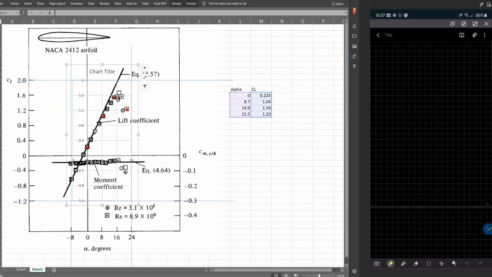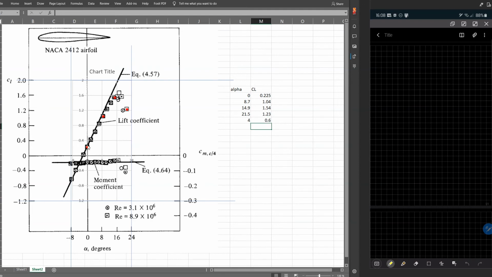Let's assume I need some points here in the middle. What is the angle here? Approximately 4 degrees. So I will put 4 degrees. Okay, and how much is the lift coefficient? It is approximately 0.6, 0.7. Okay, let's start from 0.6.